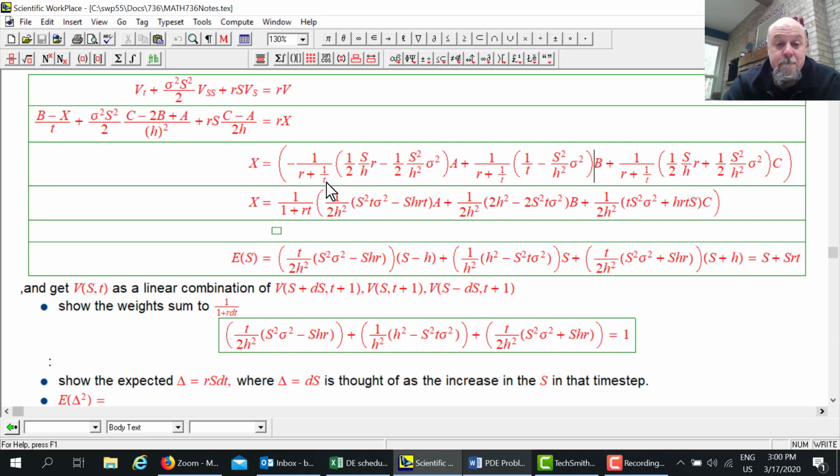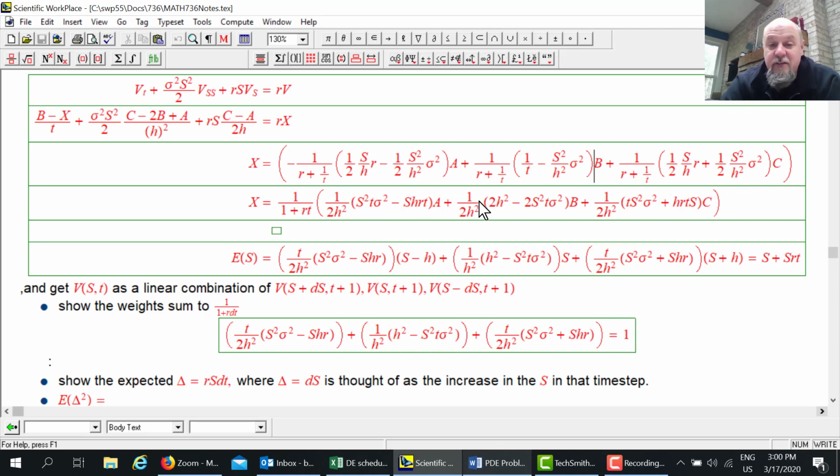The t, that's how we're chopping up time, that's a constant. The r, risk-free rate of return, that's a constant. The sigma, that's the volatility of the stock, that's a constant. So when we choose all of our values, these brackets should collapse down into, they'll have an s in them. An s and an s squared. The middle bracket just has an s squared, and the other bracket an s and an s squared.